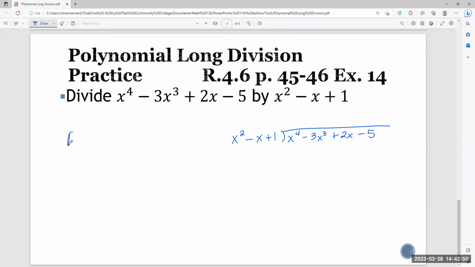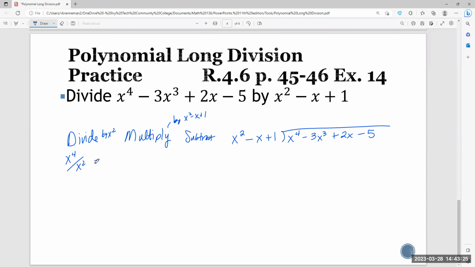And I'm going to have the steps of divide and multiply, and then the subtraction is going to happen over in that division setup. So the first division step, I'm taking x to the fourth divided by x squared. The division is always by x squared. The multiplication is always by the x squared minus x plus 1.